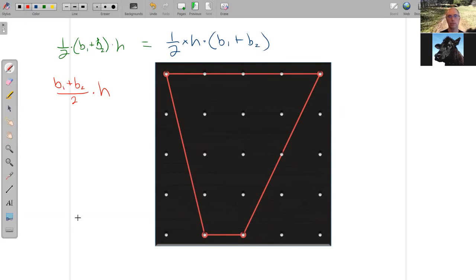We can do it right here. Let's see, I need maybe yellow to cut this up. So one way to think about averaging the bases is to kind of split the difference. So these guys line up based on this vertical line here and this vertical line here, and that slices off these triangles. So I'm just going to move that vertical line a little bit to see what happens.